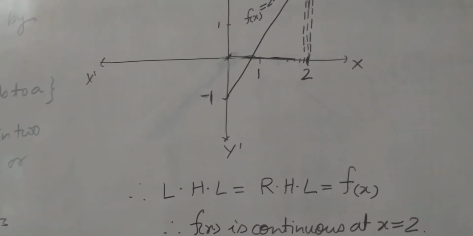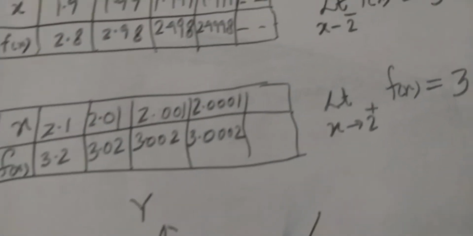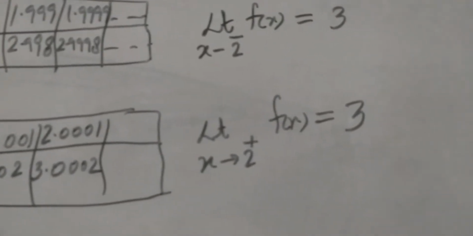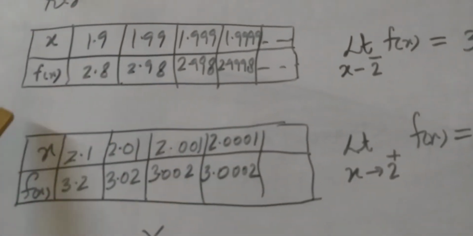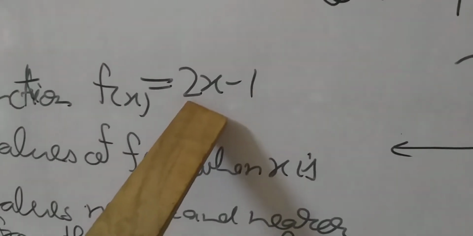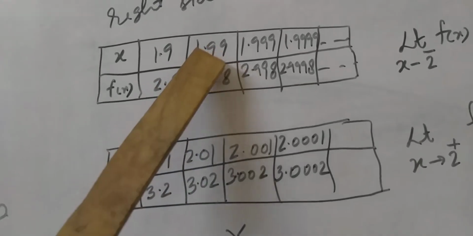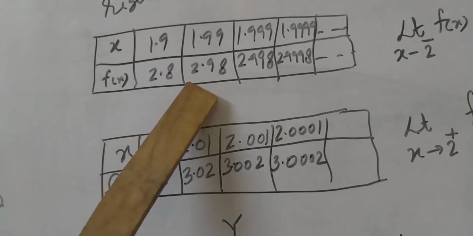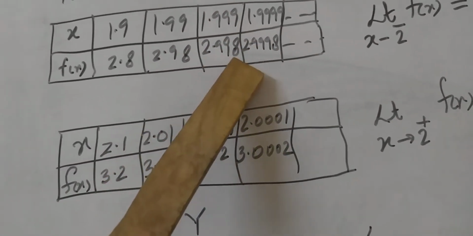So let us take some values which are a little bit less than 2, like 1.9. When we put 1.9 in f(x), we get 3.8 minus 1, 2.8. Similarly, when we put 1.99, we get 2.98. When we put 1.999, 2.998.